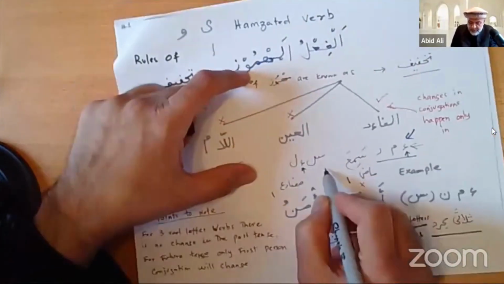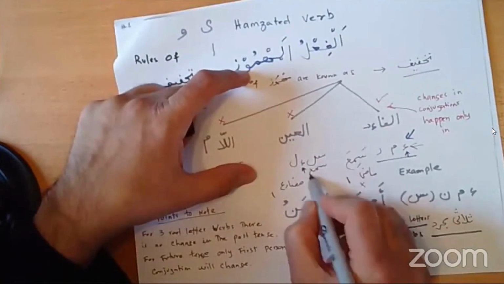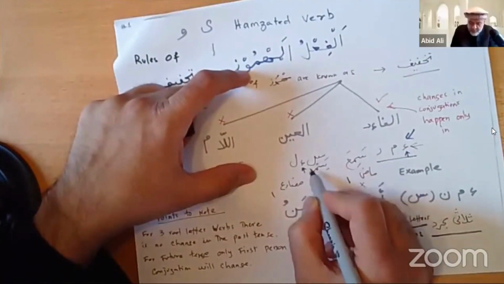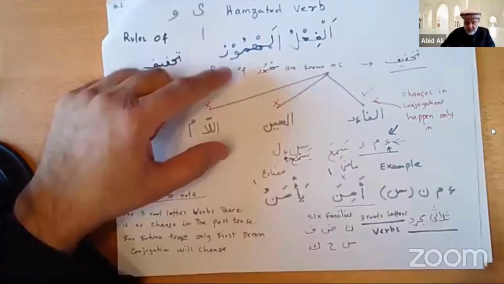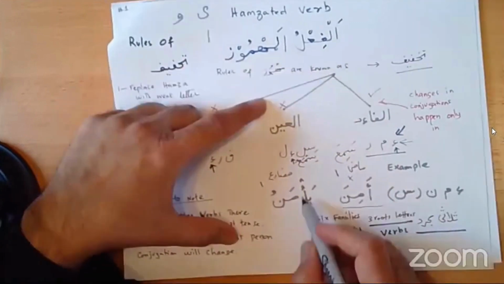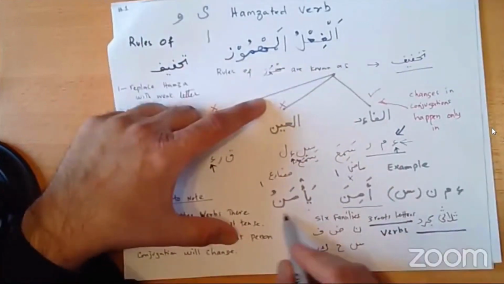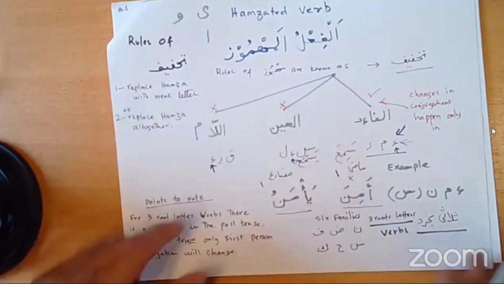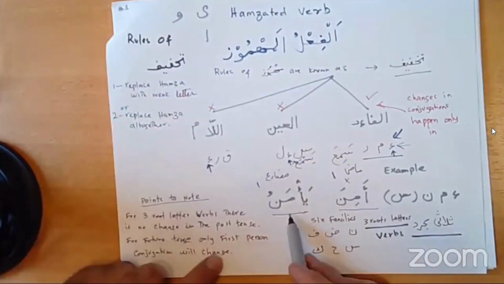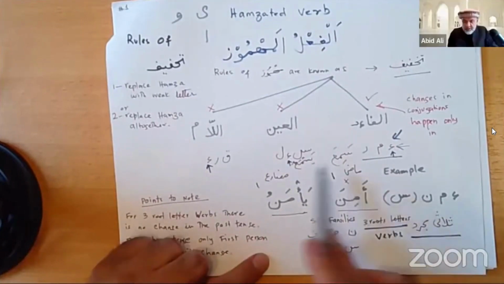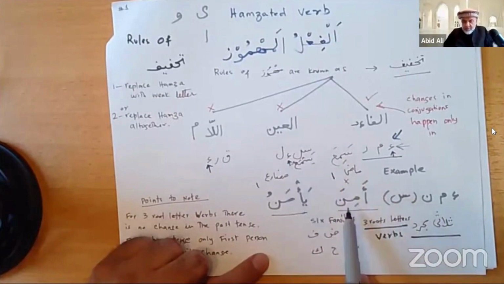Now, in the Mudare, it will be Yasma'u, that will become Ya'manu. Now, is this Siga number 1? Yes. Because whenever we are learning the Madi and the Mudare, we only talk about Siga number 1, right?